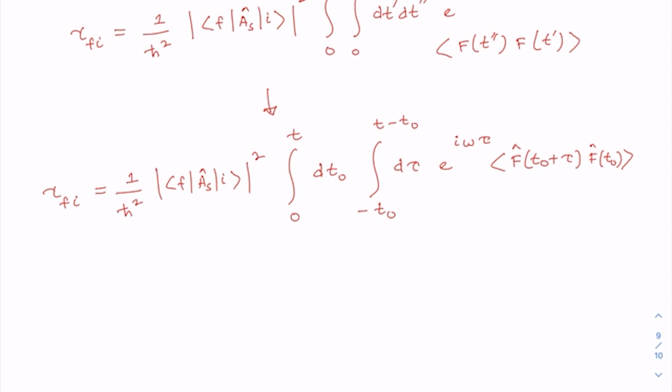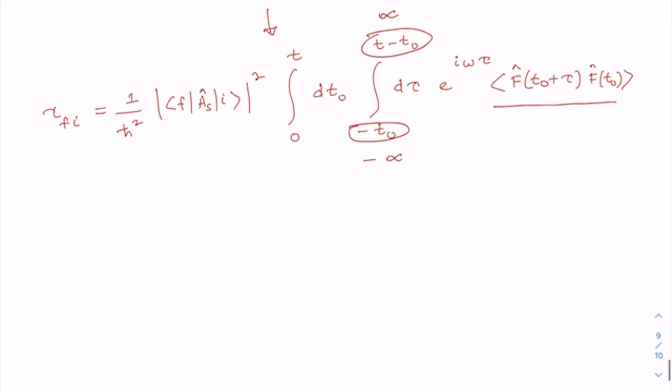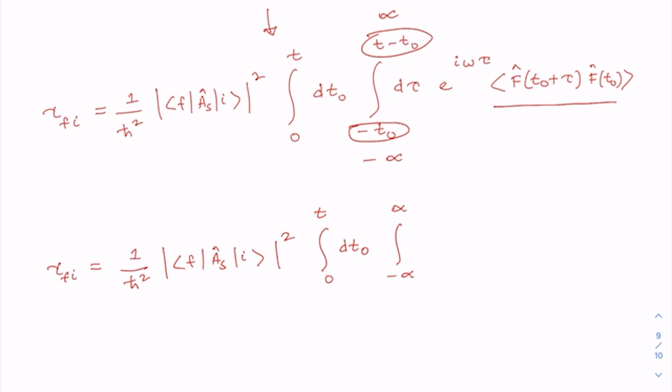Now if the integration is taken over time long compared to the autocorrelation time of the bath, the limit on the second integral can be approximated from minus infinity to plus infinity. In that case we have gamma fi equal to 1 by h cross square, |f as I| mod square, integral 0 to t dt0, and minus infinity to plus infinity d tau e to the power I omega tau f(t0 plus tau) f(t0).